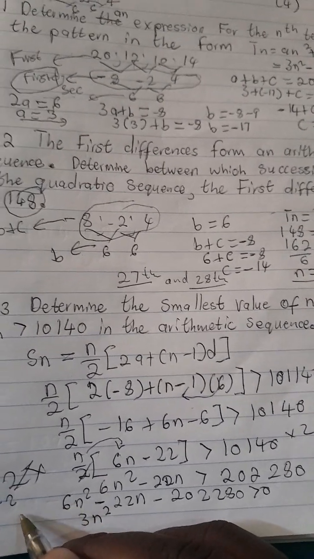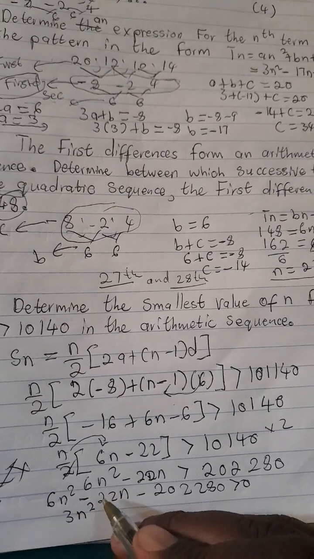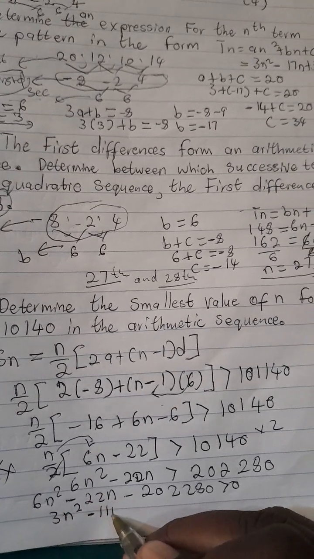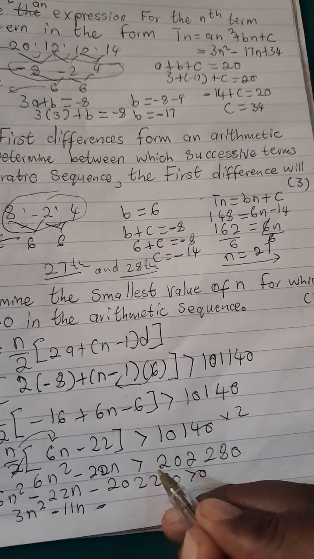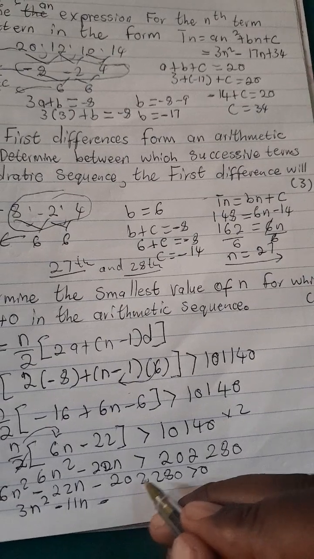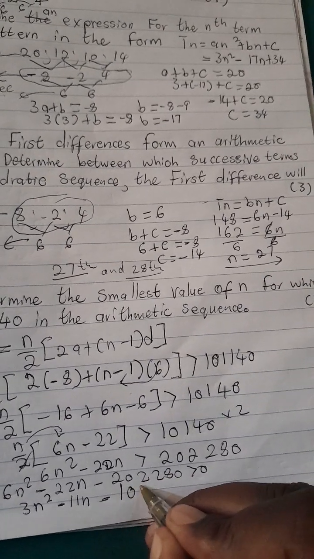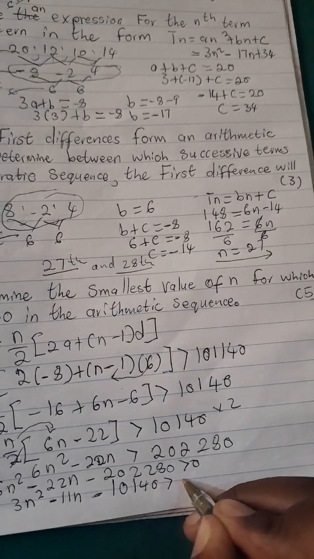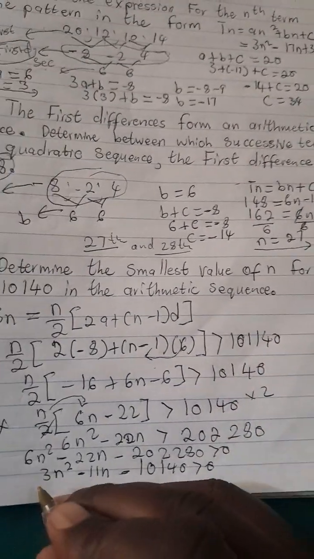How many times does 2 go into 6? 3 times. How many times does 2 go into 22? We are going to have negative 11n. How many times does 2 go into 20,280? That goes 10,140. Okay, we are not done. We need to factorize this further.